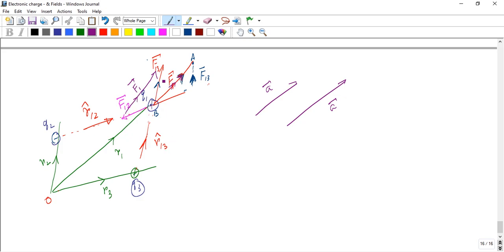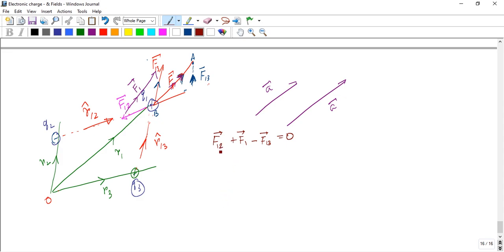Now we apply the vector triangle law. We say that clockwise direction is positive and anti-clockwise is negative. So we see that F12 is clockwise, that is F12 plus F1 minus F13 is equal to 0.